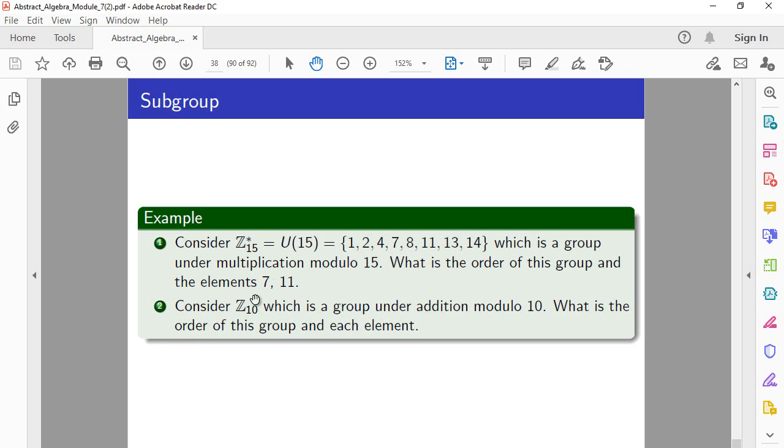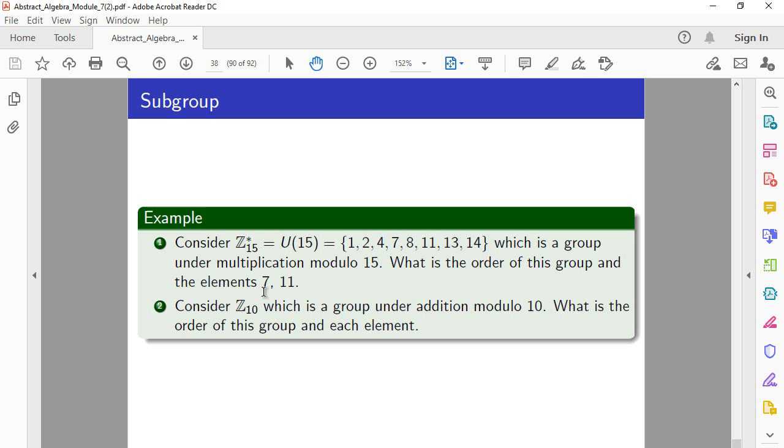Now, what's the order of the element 7? So now I have to figure out what is the least power of 7 that is equal to the identity 1. Well, if you calculate, you'll see that 7 to the 1 is 7. 7 to the 2 would be 49, and 49 modulo 15 would be 4.